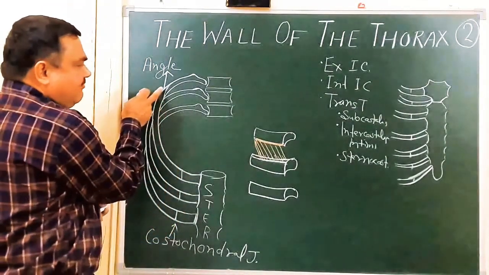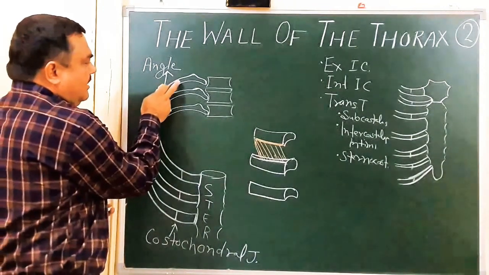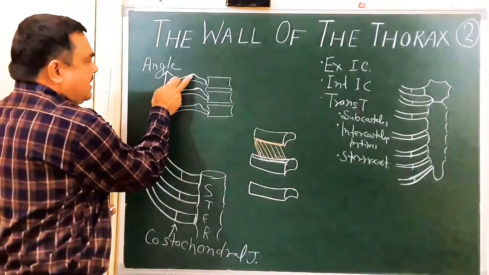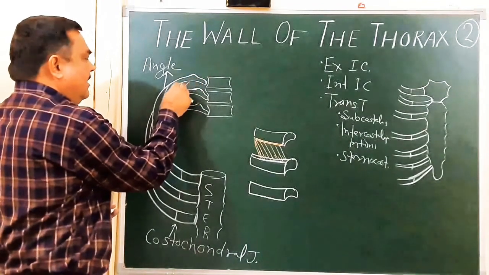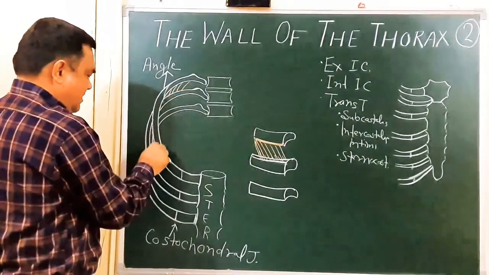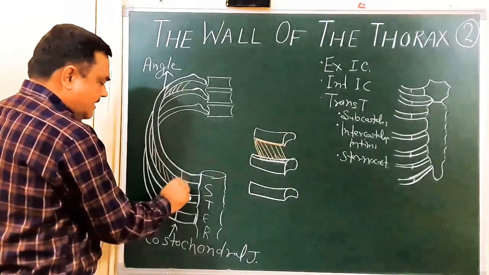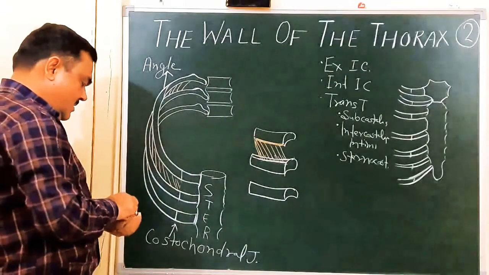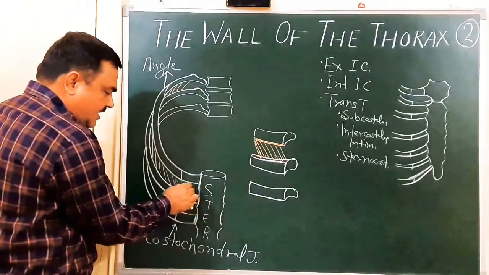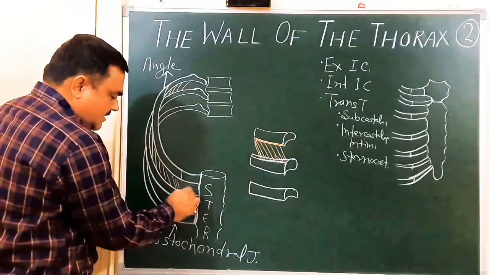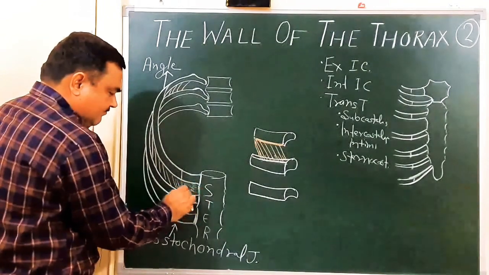Muscle fibers extend from here up to the tubercle, to the costochondral junction, and from costochondral junction to sternum, these muscle fibers are replaced by membrane.